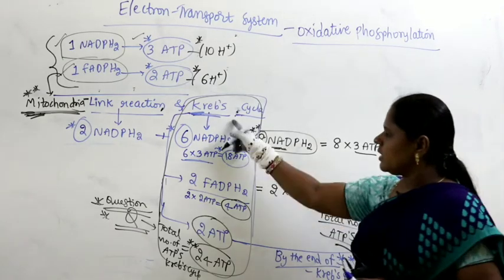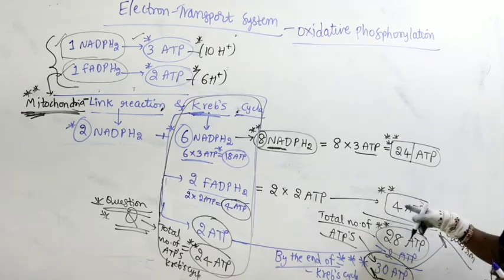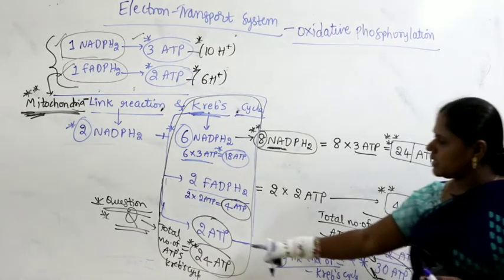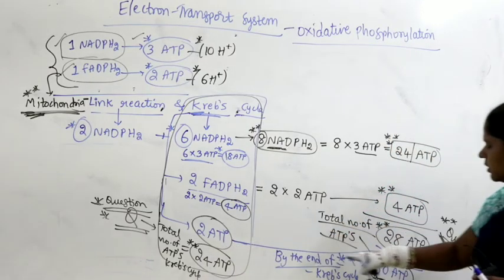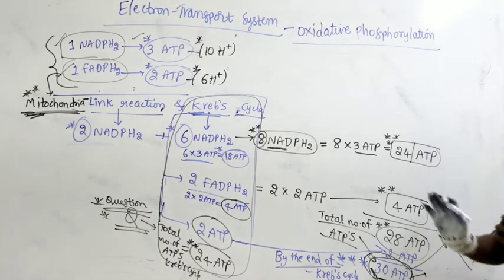Similarly, in the Krebs cycle 2 FADH2 are produced, 2 into 2 ATP, it produces 4 molecules of ATP. In the Krebs cycle there are already 2 ATPs produced, so altogether it becomes 30 ATP. So how much is produced here? 30 ATP, very important. Now, this is mitochondria.